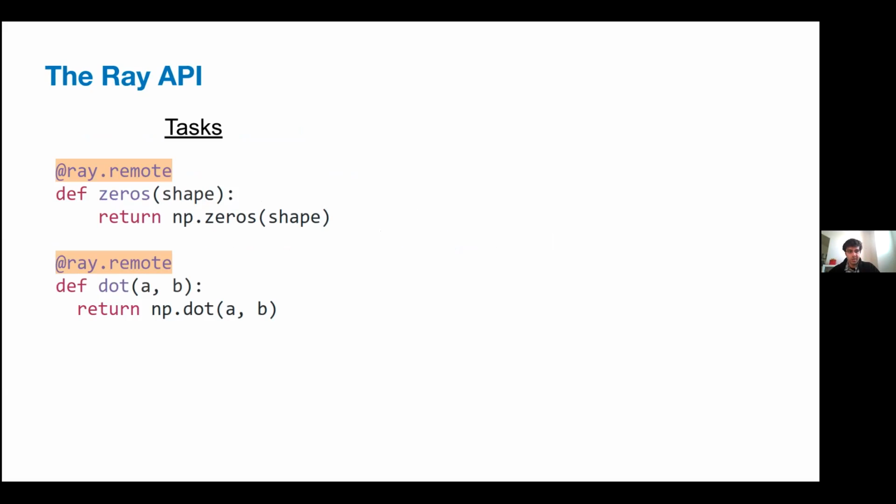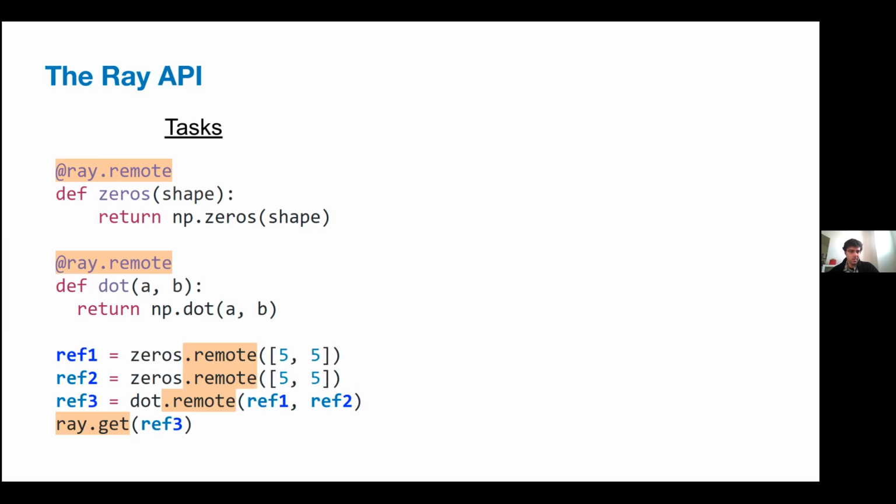So in order to create remote functions, we can just use the Ray remote decorator, and we immediately get remote functions. Once we have these remote functions, we can invoke a special function on those functions called remote, and that's the way we invoke remote functions.